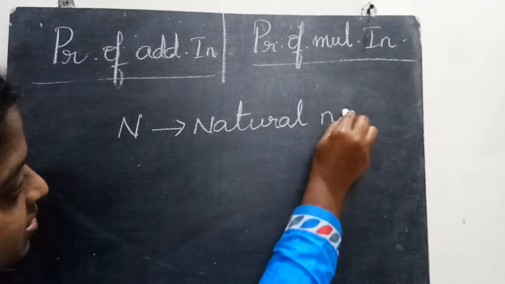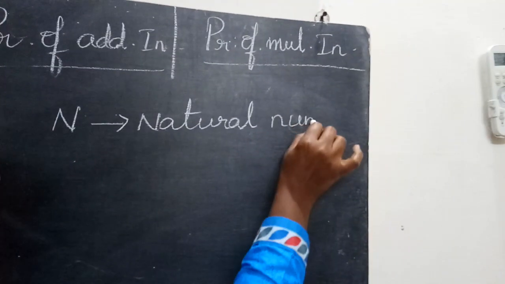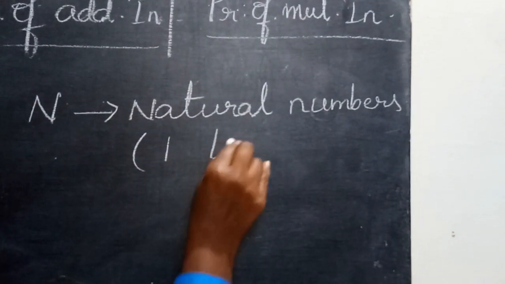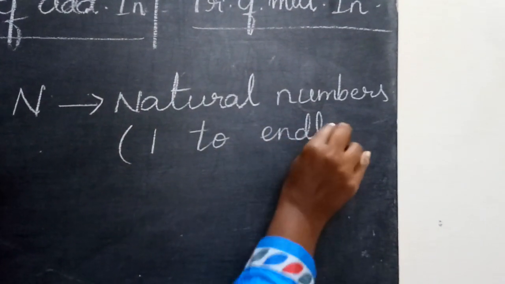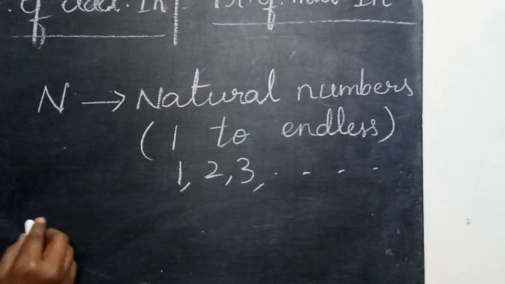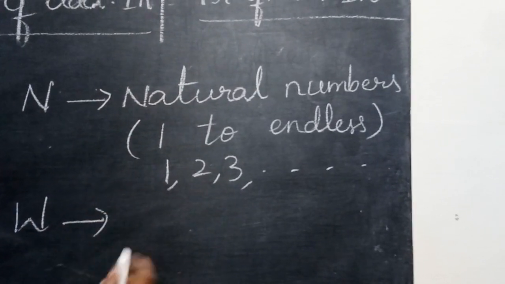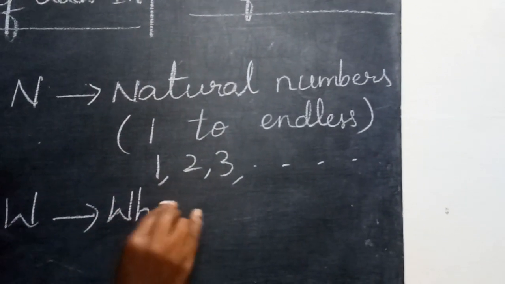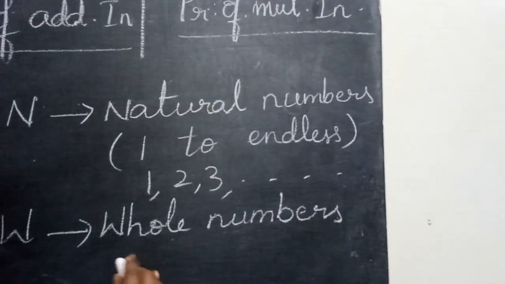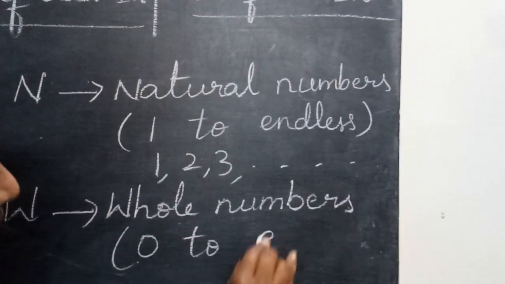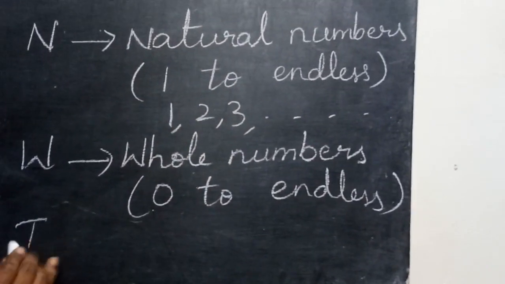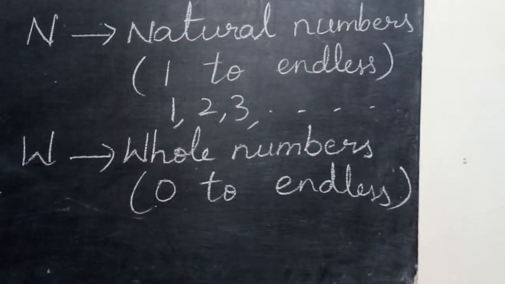Natural numbers. Okay, it starts from 1 to endless, means 1, 2, 3 and so on. And what about W? Whole numbers. Whole numbers start from 0 to endless. And integers. So generally integers means which letter should we denote here?